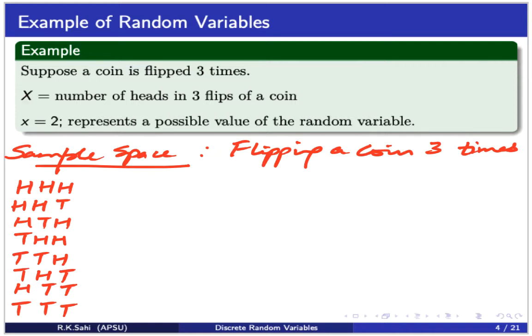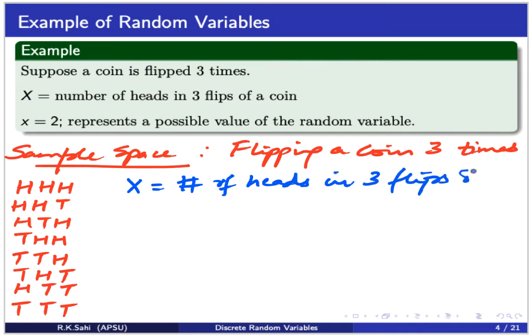So let's look at a random variable, capital X, which represents the number of heads in 3 flips of a coin. Now the key part, guys, is the number of heads. So what are the possible values your capital X can take?